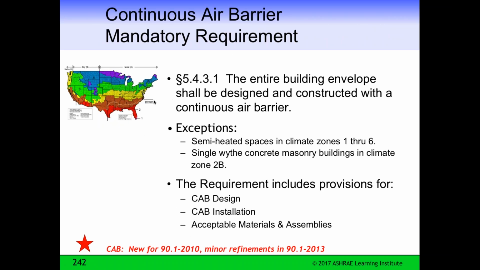The critical thing about the continuous air barrier requirements is that there is not a mandatory acceptance testing during construction where you have to test whether the building is meeting minimum tested conditions for leakage, or specific requirements for design review during the design of the building.